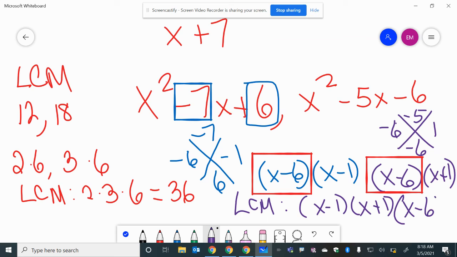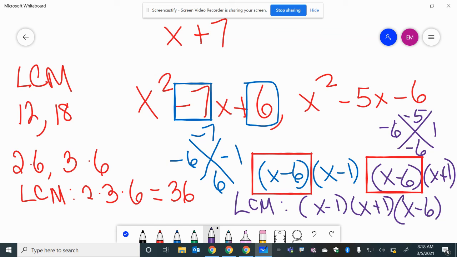So my lowest common multiple between x squared minus 7x plus 6 and x squared minus 5x minus 6 would be x minus 1, x plus 1, x minus 6. You could remultiply those together, but they're not asking you to do that. They're just finding the lowest common multiple.